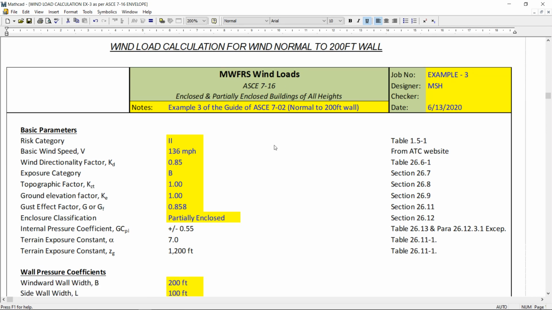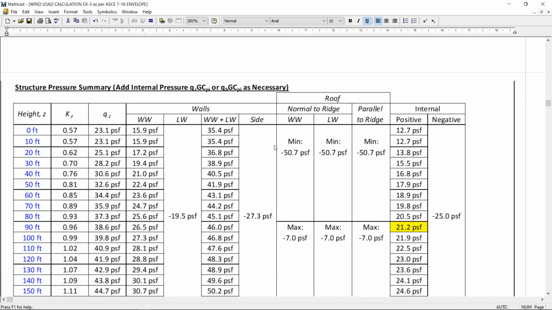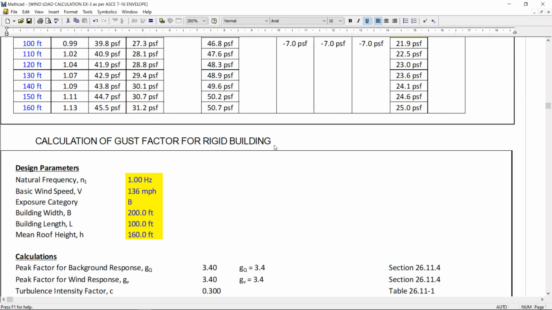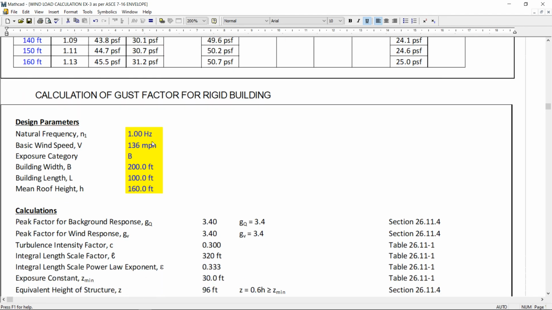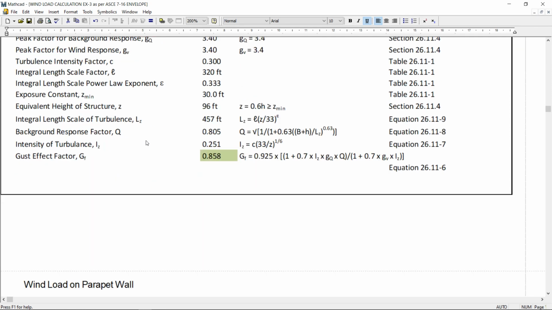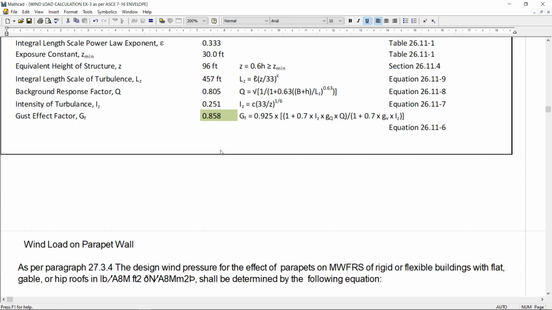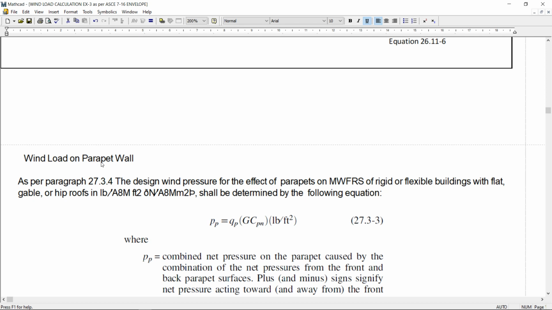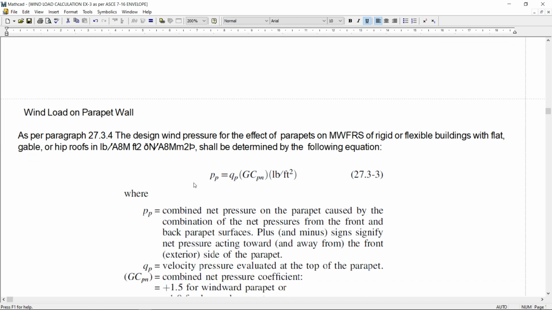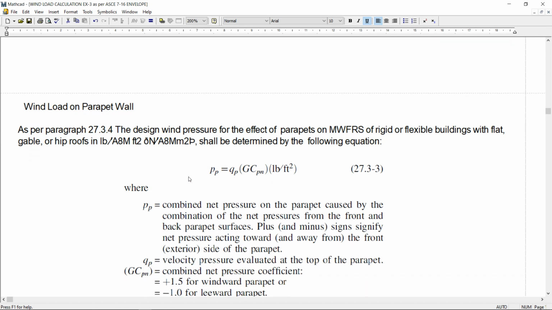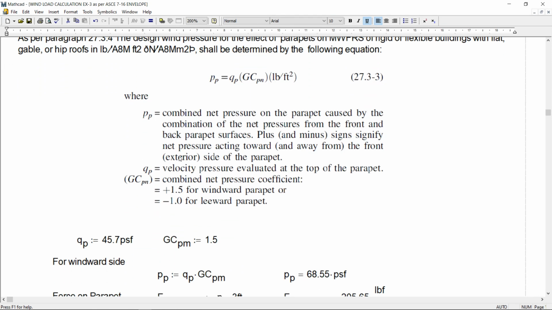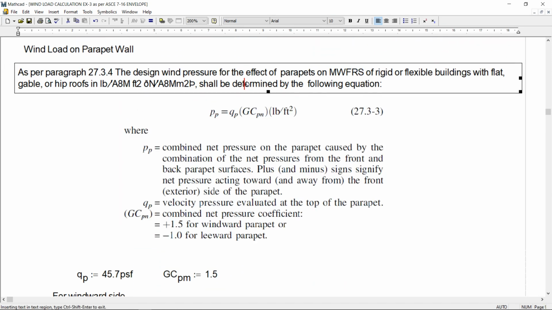In this Excel sheet, all the calculations were done, and I also calculated the gust factor, that was 0.858. Then I calculated the wind load on parapet wall, and the wind load is calculated like this.